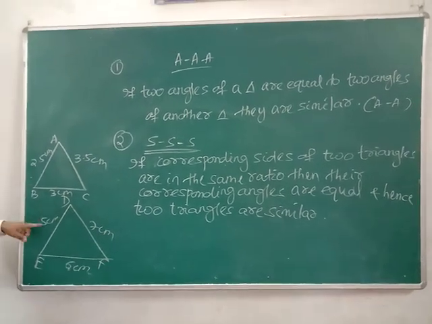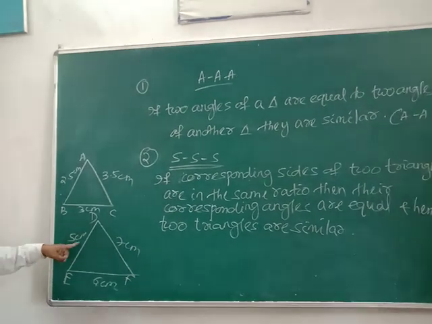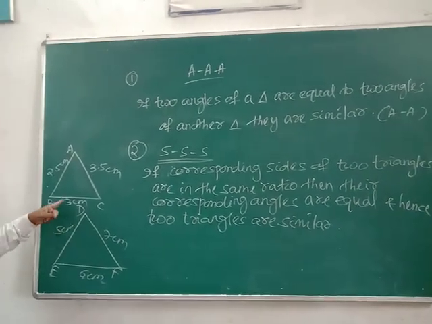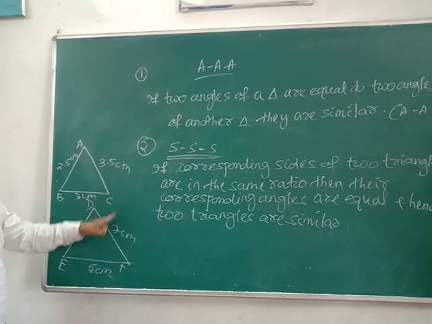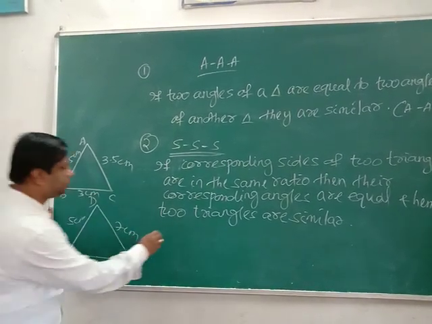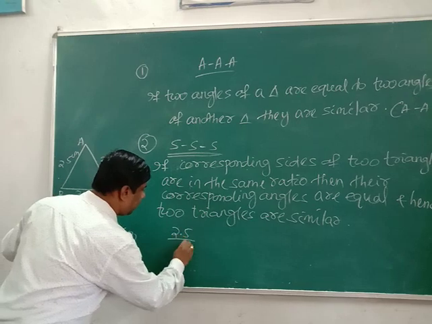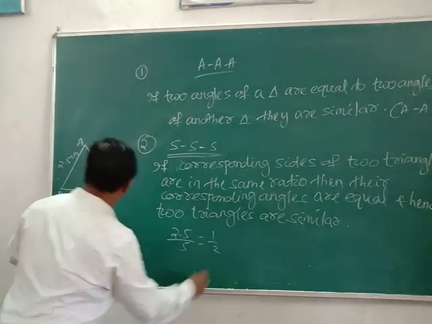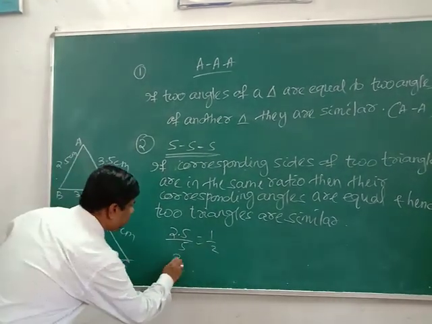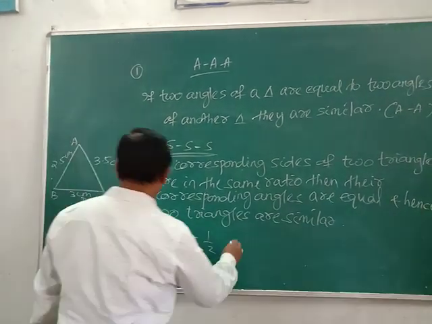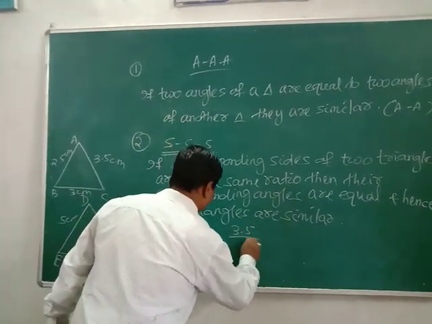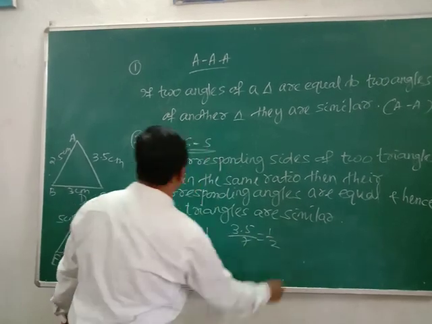You see the ratio 2.5 upon 5 is 1 by 2, 3 centimeter upon 6 centimeter is also 1 by 2, and 3.5 centimeter upon 7 centimeter is also 1 by 2. That means 2.5 by 5 is equal to 1 by 2, 3 by 6 is also 1 by 2, and 3.5 by 7 is also 1 by 2.